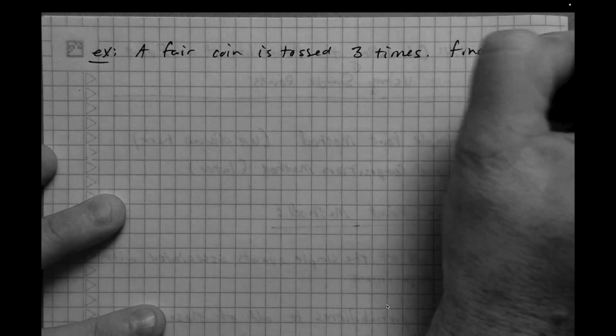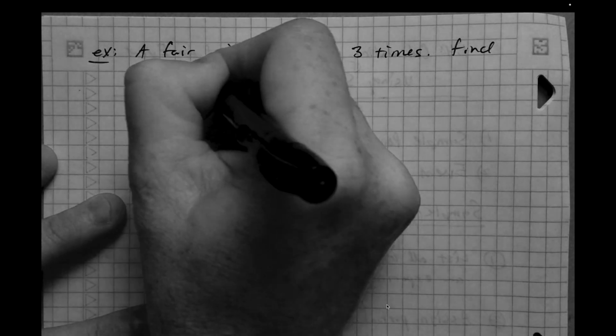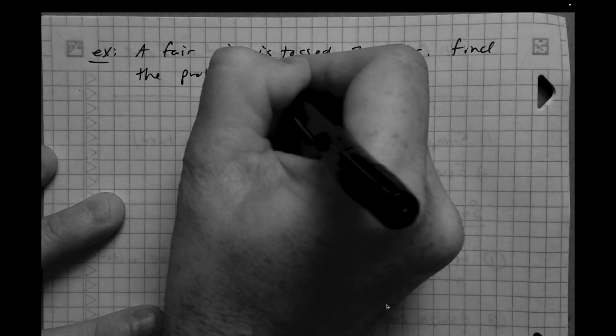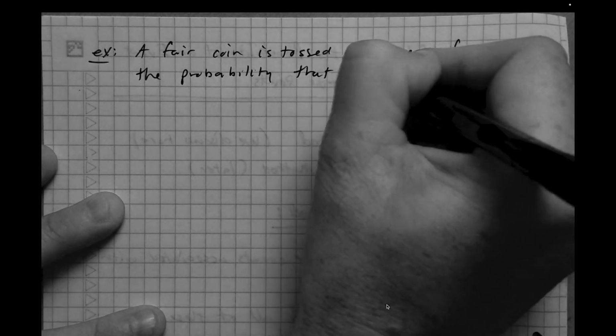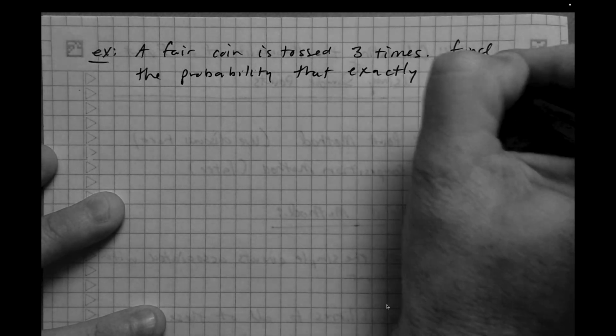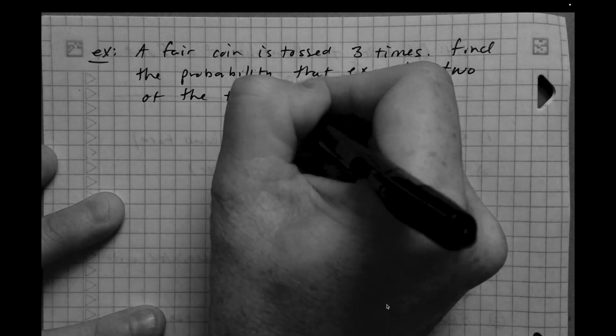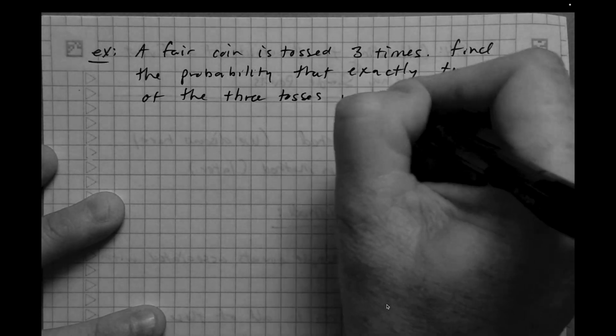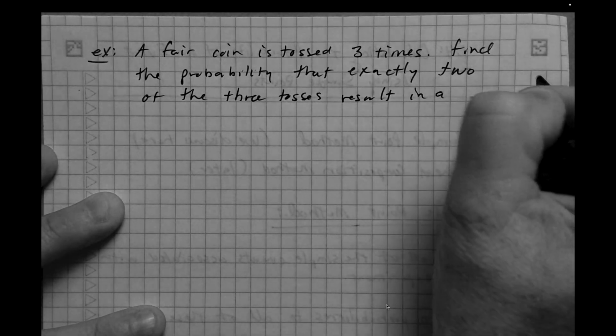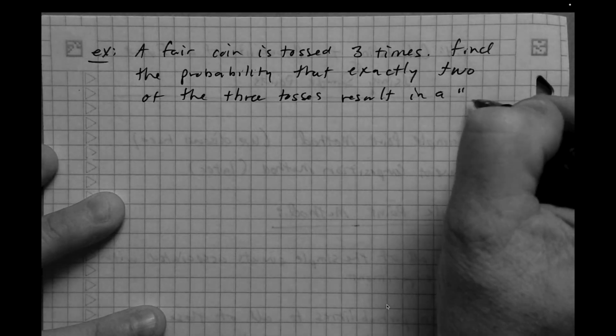So find the probability that exactly 2 of the 3 tosses result in a heads.